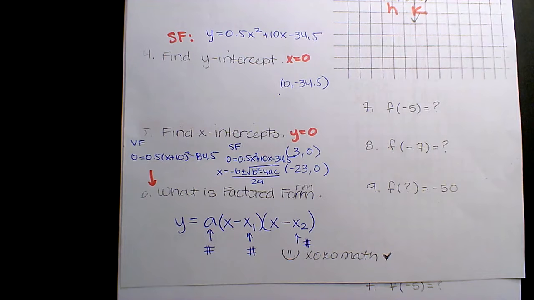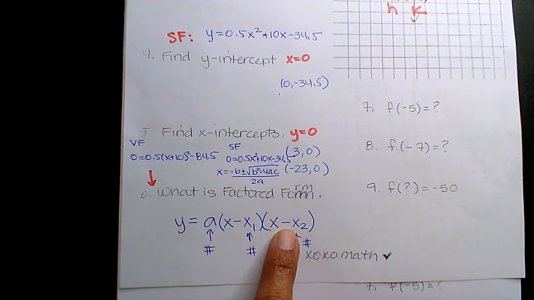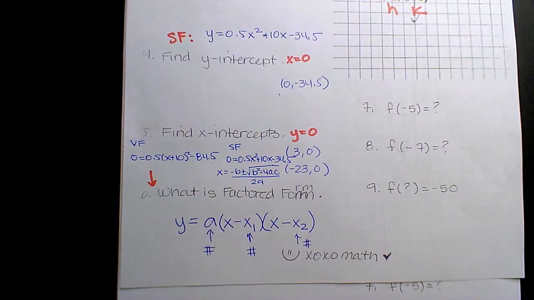So to get your x-intercepts, when you're talking about a parabola, a quadratic, it's your choice. You can solve by square roots, or you can grab the standard form and go ahead and substitute into the quadratic formula. What are the two numbers? You'll get that. You just throw them in. So it's 0.5, x minus 3, x plus 23, and then of course here you're substituting.